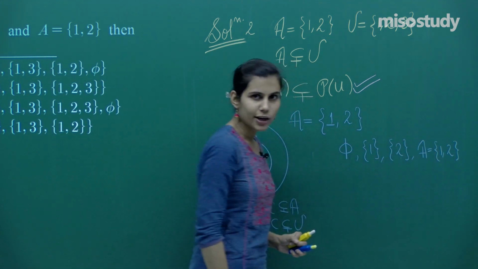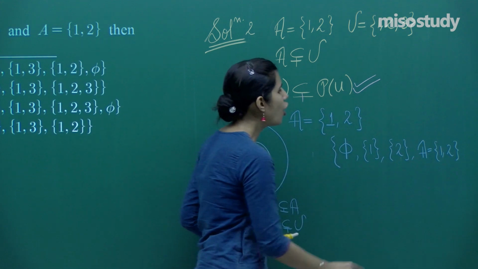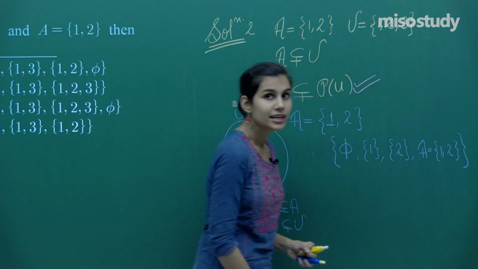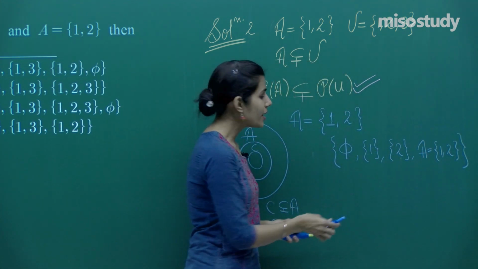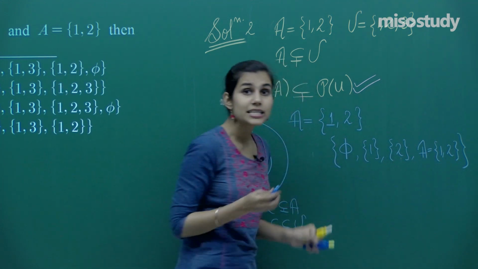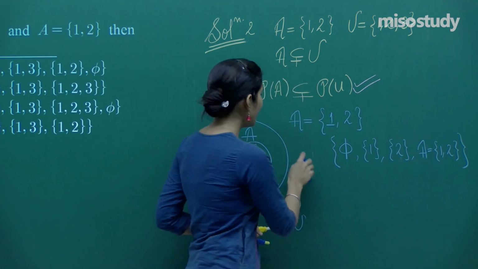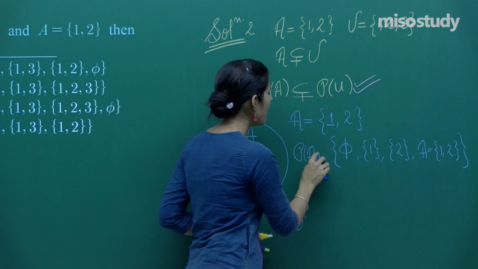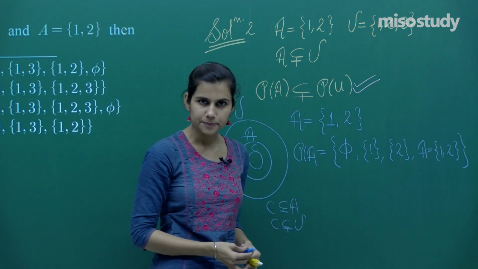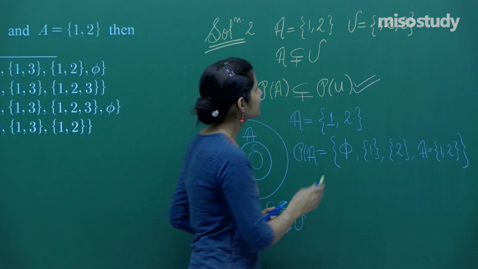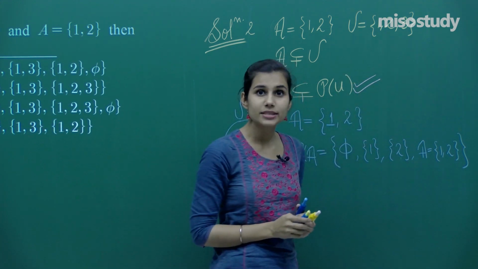Once these subsets are obtained, a set is formed of these subsets. That means a set is formed wherein each of these subsets is an element. And this set is basically my power set of A. The next task is to unveil what is power set of U.